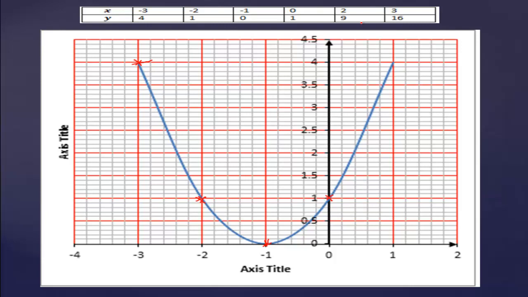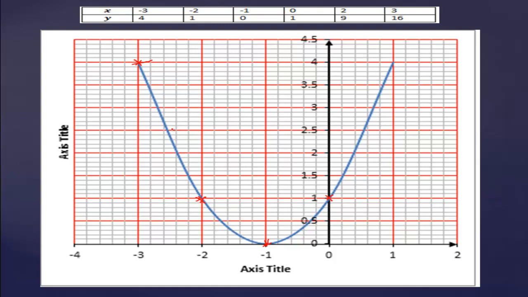And then when x is 2, y is 9. We can go further. Are you getting it? That's how this thing was plotted. And then by the time you do that, now join the points together. And this is what we got.